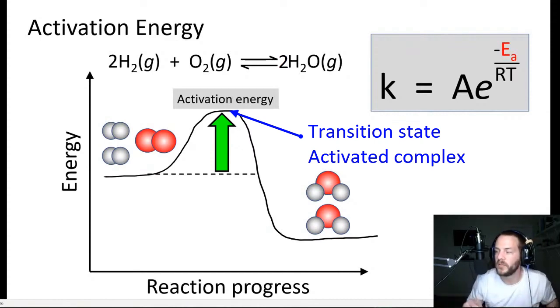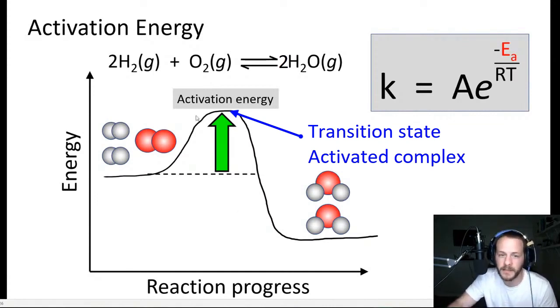Those two terms apply to the state of the reactants as they're becoming products, a state in which the bonds in the reactants have sort of broken apart and the bonds in the products have sort of formed. It's an in-between state: transition state, activated complex.